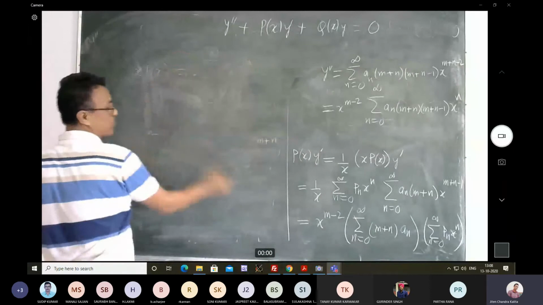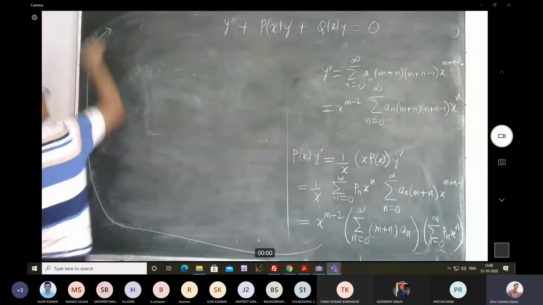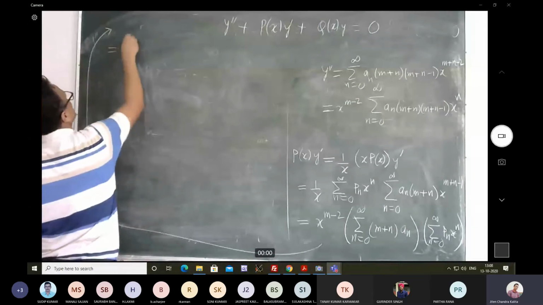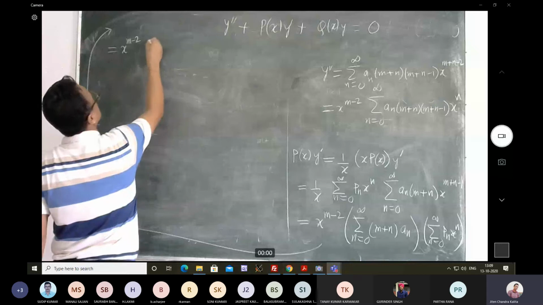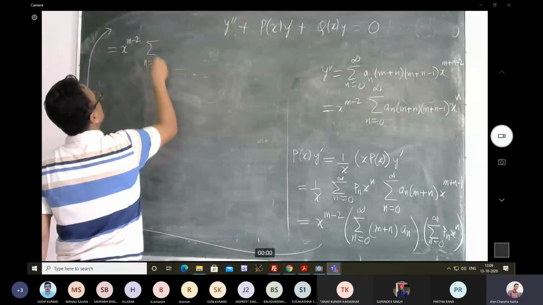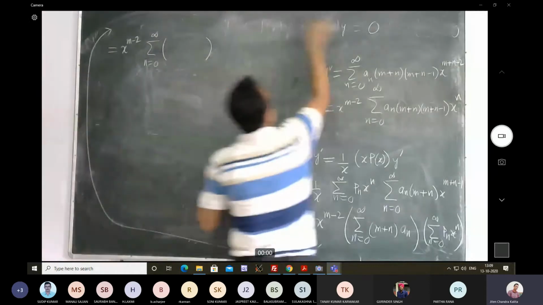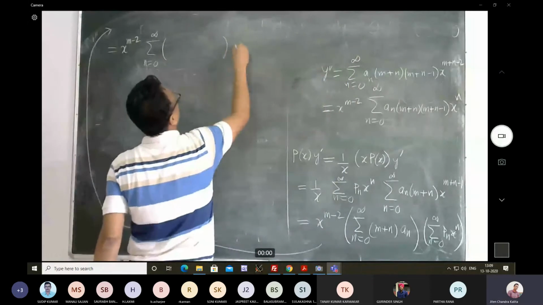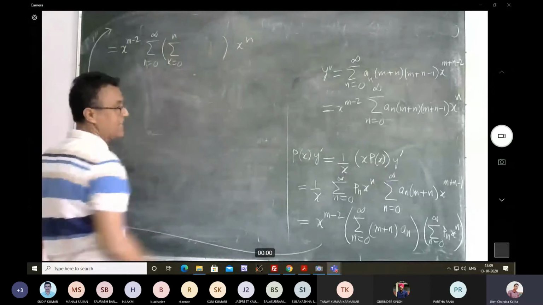Okay, so now just one more manipulation. See this one. This is equal to x to the power m minus 2. Now, if I multiply these two series, you know what is going to happen. So this is the sum from n equal to 0 to infinity, and then obviously x to the power n, with k going from 0 to n.